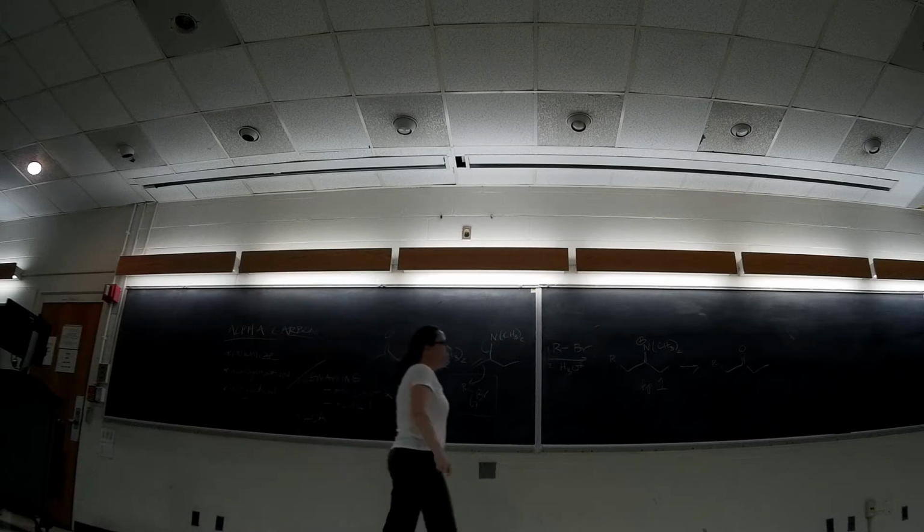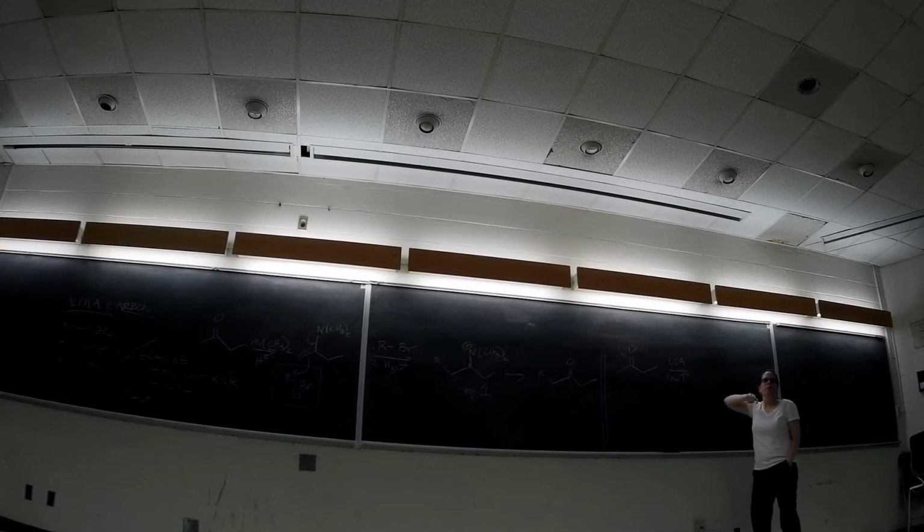We said with LDA, which is a strong base, I'd be able to get 2 different enolates. If I use LDA at low temperature, which enolate am I going to get? Kinetic. The less substituted one. That's exactly right. So I'm going to get this enolate out, the less substituted one.